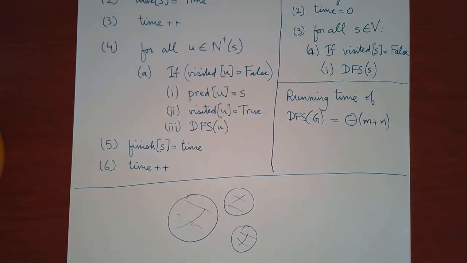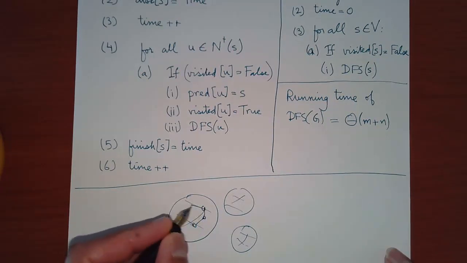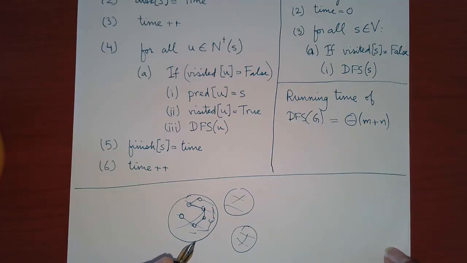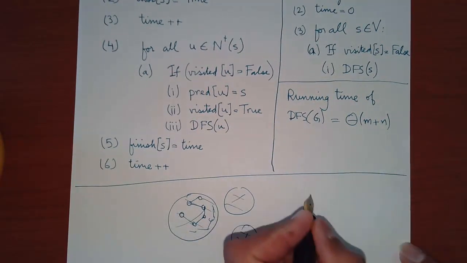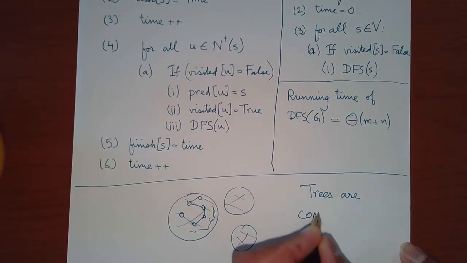Once it finishes with one DFS, it'll look for another vertex in the graph that's not connected to the first tree. Exactly, right? Because if you start DFS in here, you're eventually going to visit everything. And when you visit everything, the trees are connected components.